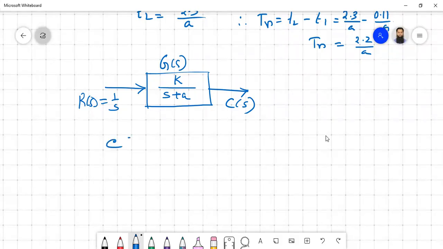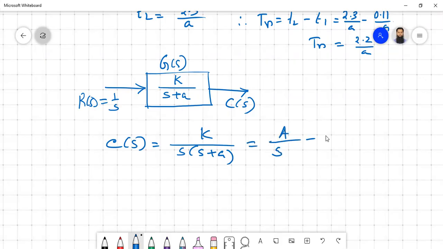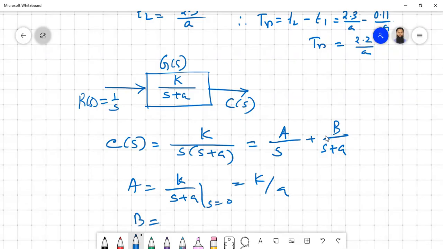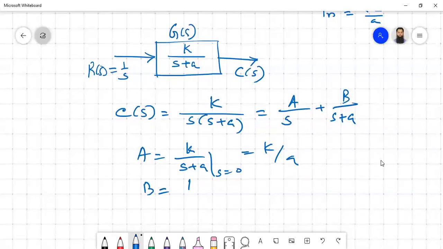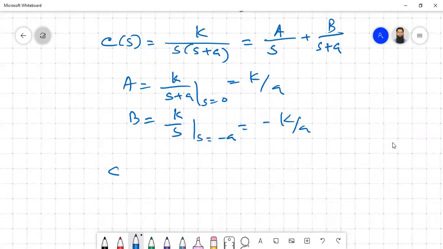Now you have C(S) equal to K by S times S plus A. We can write it in partial fraction manner as A by S plus B by S plus A. Quickly, A will be K by S plus A at S equal to 0, so K by A. Similarly, B will be K by S, where S tends to minus A, so minus K by A. So we can write that C(S) is equal to K by A by S minus K by A by S plus A. The solution is very, very simple.